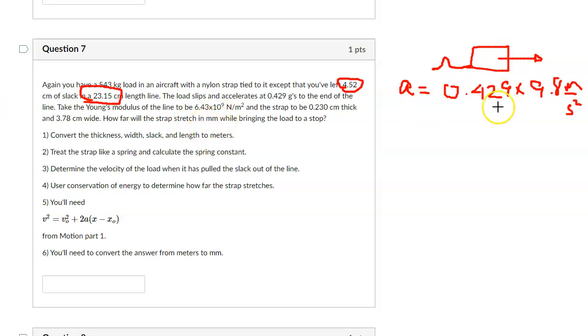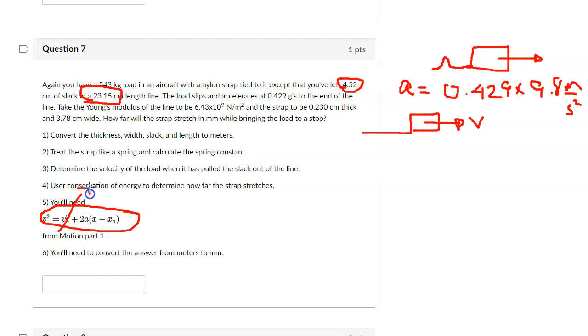So what's going to happen? You're going to take off. This load is going to slip backwards until the strap is taut. And at the time the strap gets stretched out all the way, it has some velocity v. And that's why I gave you this equation, because we know v naught.